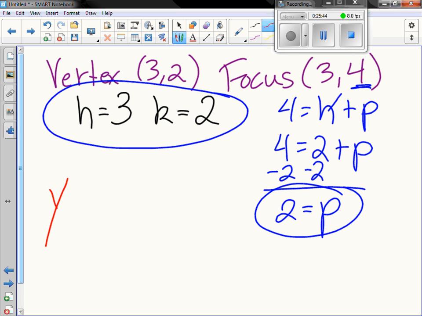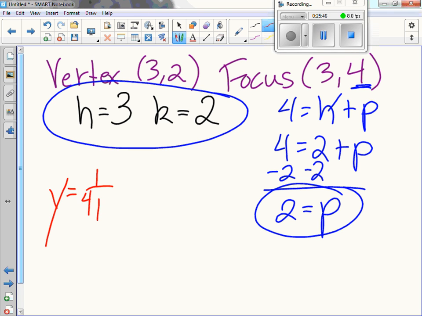And we said this matched with y is equal to 1 over 4p times x minus h squared plus k. We're wanting to find the equation, because if it gives us any two pieces of these three, vertex, focus, or directrix, as the starting point, we're finding the equation.